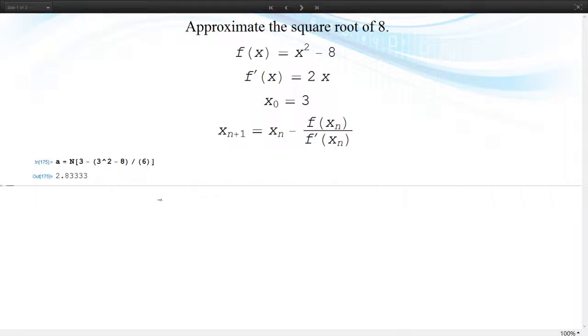And then to get the next number, x sub 2, let's define some functions here. f of x is equal to x squared minus 8, and the derivative.